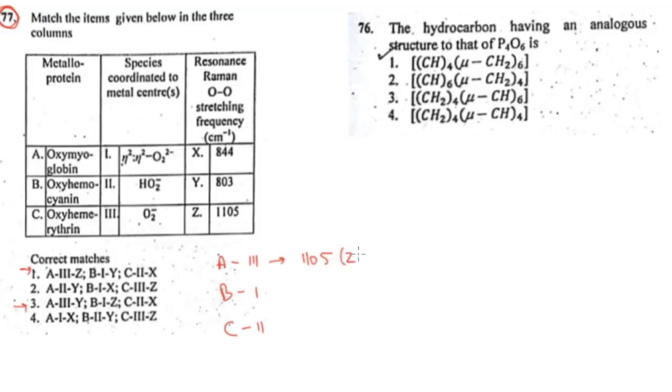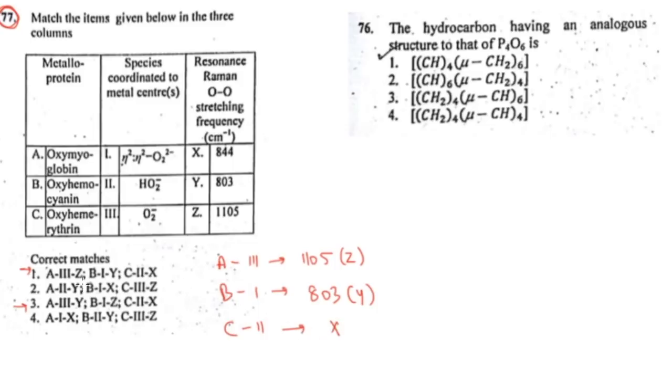That is matched with Z. So A3 with Z. Then comes O2 2 minus, where the bond is a peroxide bond. Over there it will give a very low value, around 803. That is for Y. And for C it will be X.